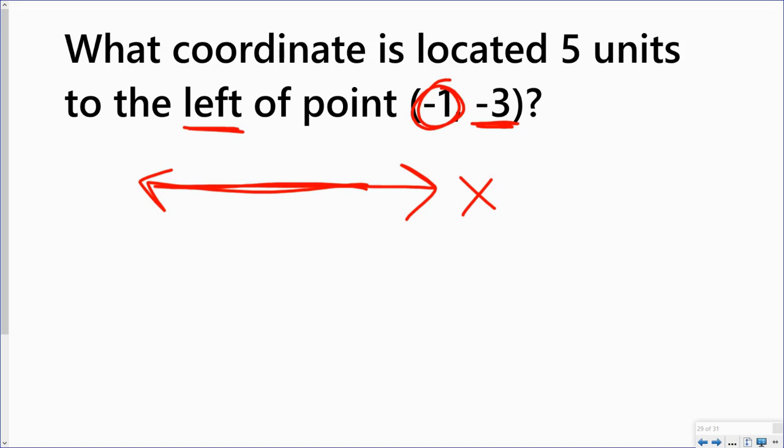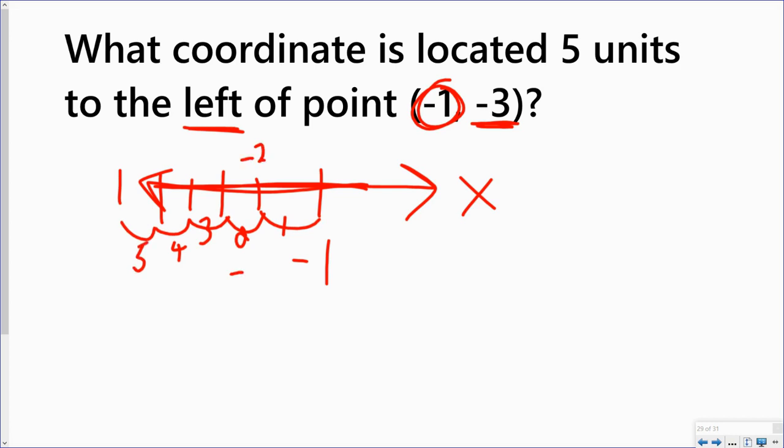So if I want to go 5 units to the left, well, if I'm starting at -1, 5 units would be 1, 2, 3, 4, 5. So this would be -2, -3, -4, -5, and -6. So my new point would be -6, -3.